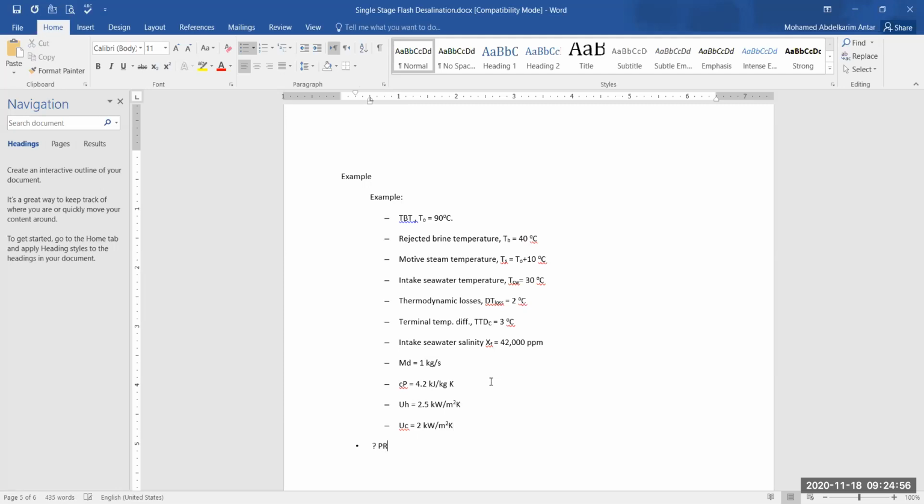What we need is the PR, areas, and cooling water. You will notice here that brine salinity is not provided and the feed flow rate is not provided. So I hope you have taken a note of these parameters that we have here in front of us.